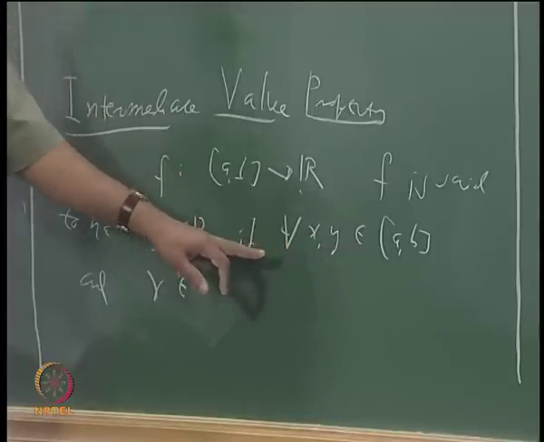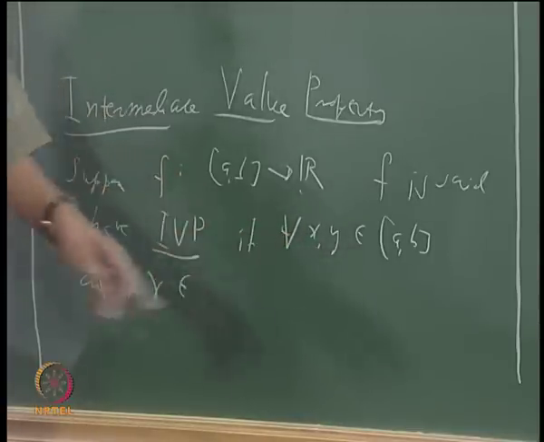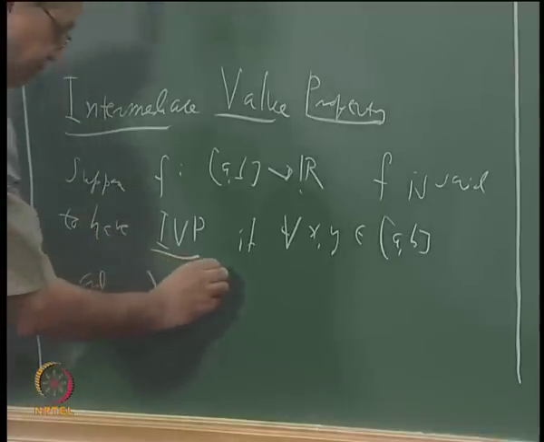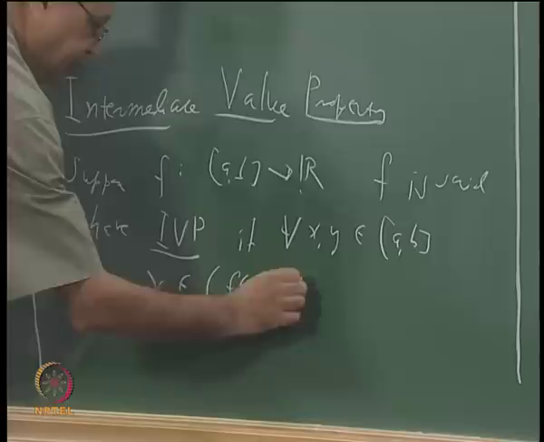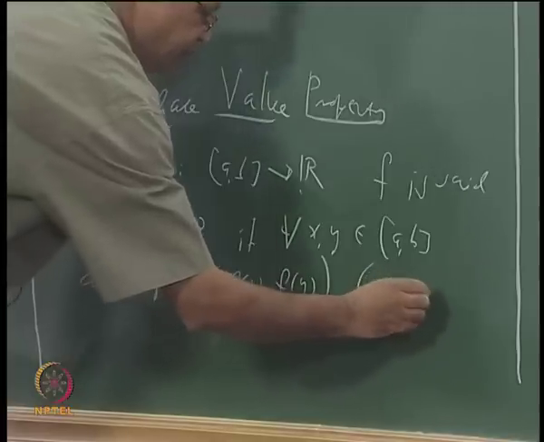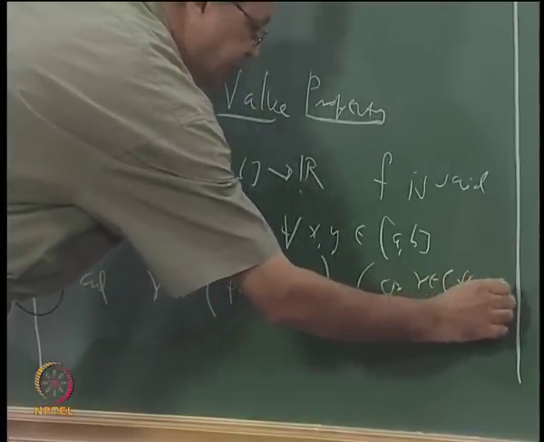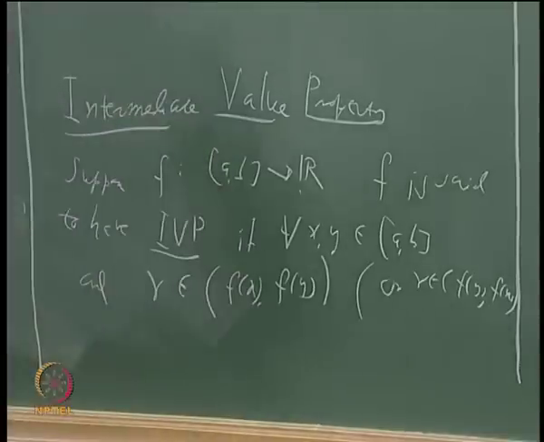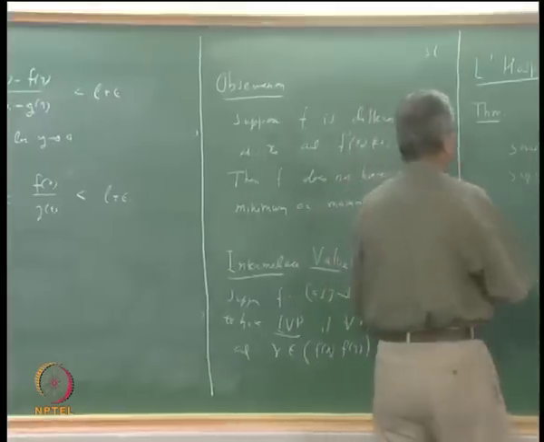Suppose gamma is in f(x) to f(y), or gamma is in f(y) to f(x). What are the possibilities? See, what does this mean?